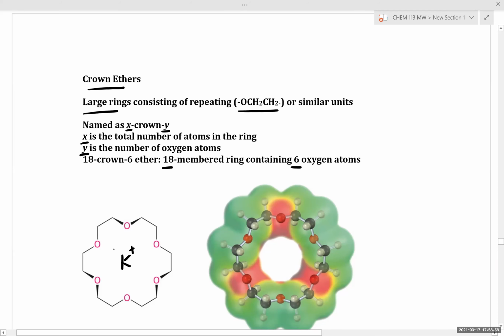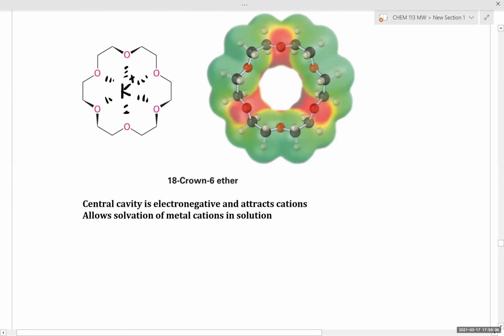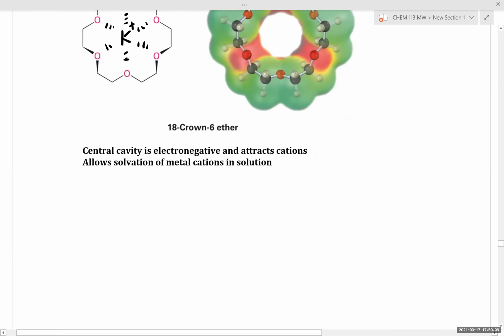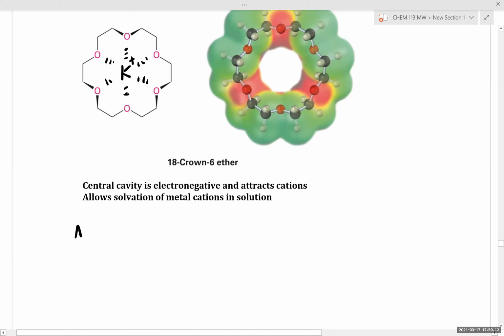Now, what these crown ethers are really good at doing is coordinating and sequestering cations. And this allows you to solvate cations, and they can activate. So crown ethers are typically used as additives to activate bases or nucleophiles.